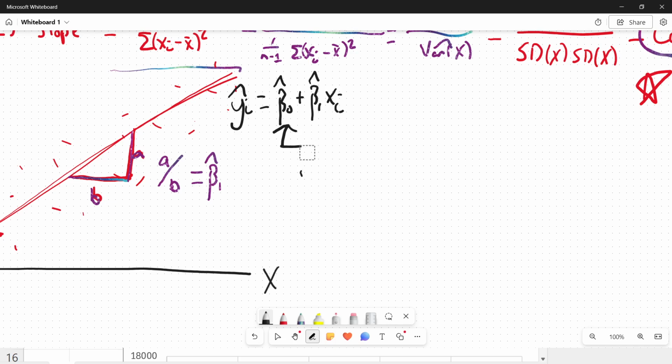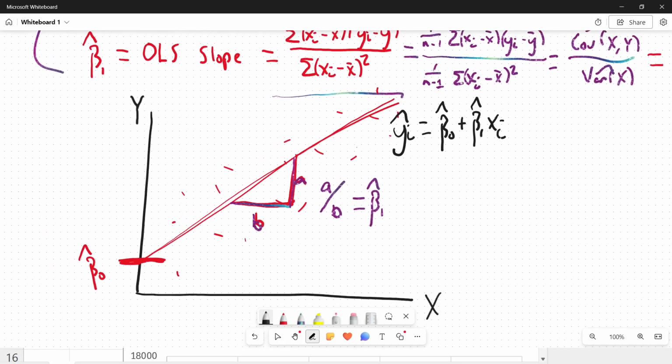Now, what is this going to do for us? Every point in this picture gives us a little bit of information about the relationship between x and y. The line generalizes that information to a big picture, where it says, yeah, on average, x and y are related in a particular way.